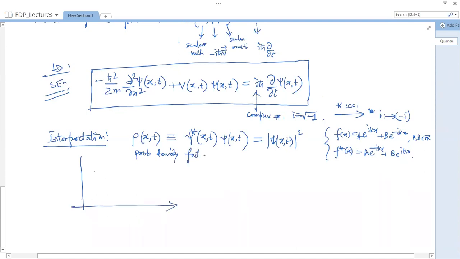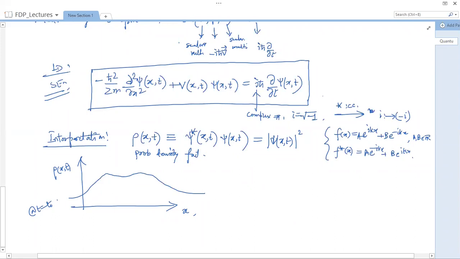A probability density function is exactly not probability. So I have a probability density function of x and t. Let's draw it for a given time: at some time t equal to t naught, I am drawing the probability density function.